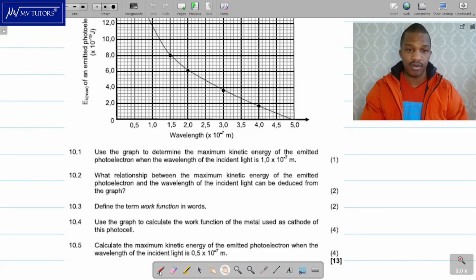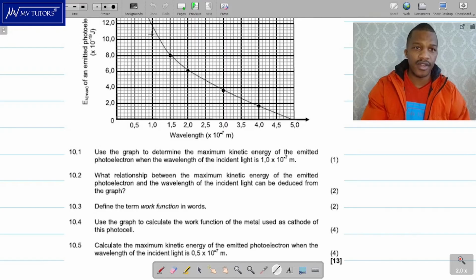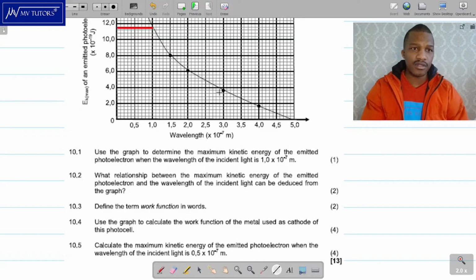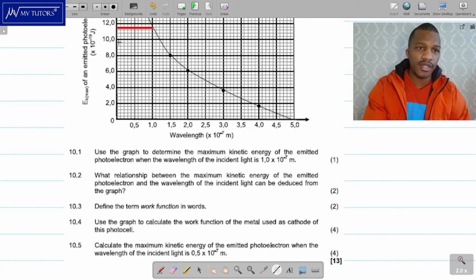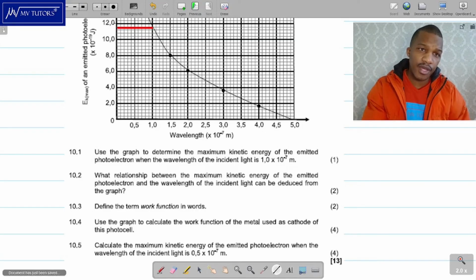So what we want to do here is go to 1, or 1 is over there, and if I draw that line there, it connects right there. Good. So what is that position there? We have 10 here and we have 12. So between 10 and 12, in the middle somewhere, we're going to have 11.